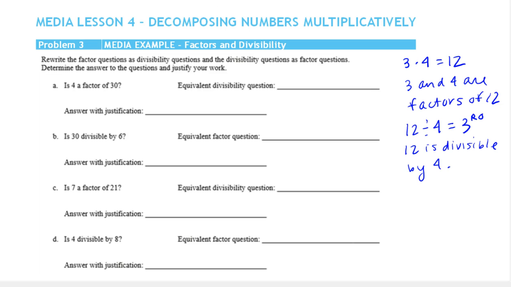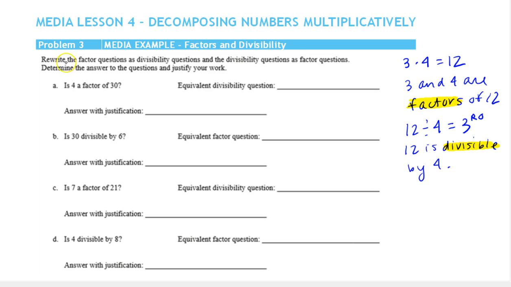So let's highlight these. 3 and 4 are factors of 12, and 12 is divisible by 4. Notice we're going to use these two words somewhat interchangeably. You can say that 3 is a factor of 12, and you can say that 12 is divisible by 3. And lots of times when we're finding factors, we actually use divisibility to determine if something is a factor.